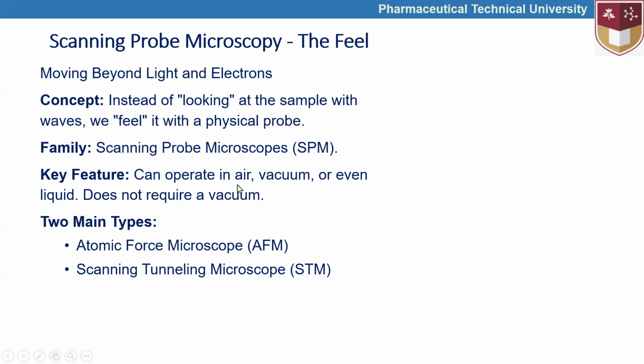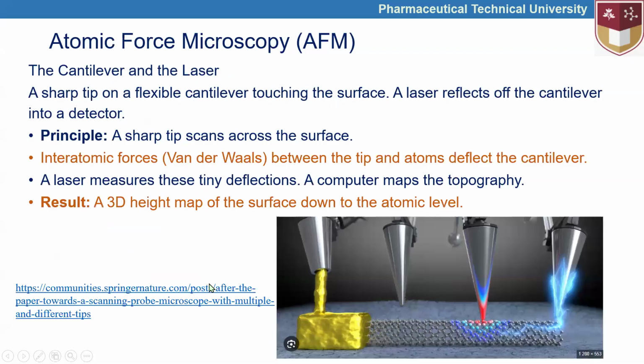And it can operate in air, vacuum, or even a liquid. It does not require the vacuum condition that is used for electron microscopes. And two main types exist, as I said: atomic force microscopes and scanning tunneling microscopes. Here we can see that atomic force microscopy is one of the types.